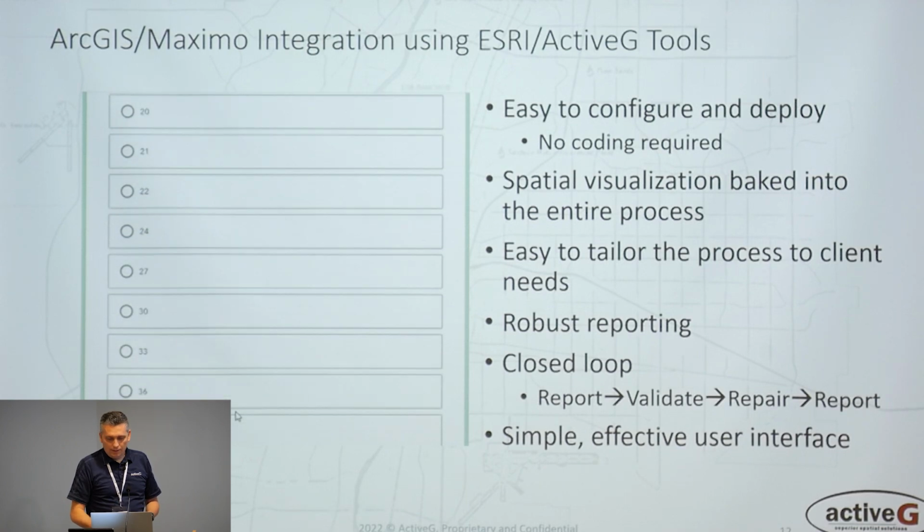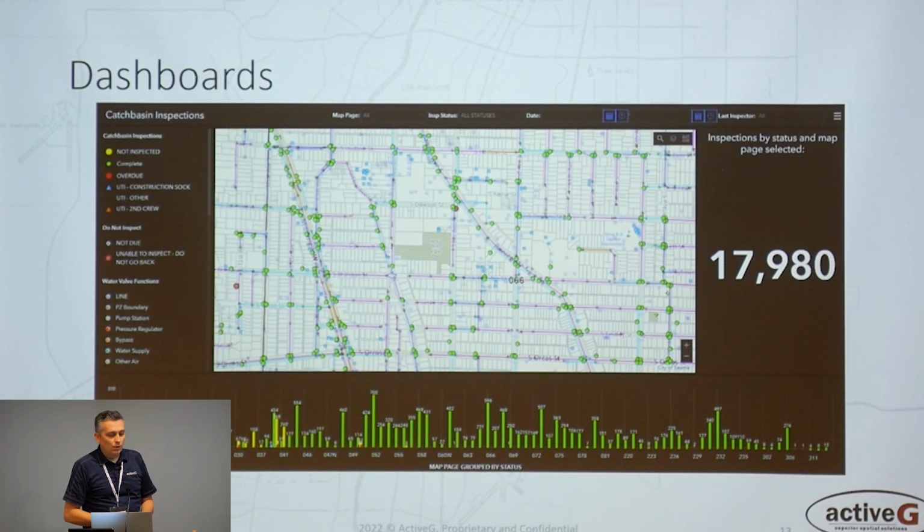So that's the next thing I have here. These are some dashboards we've created based on some of these inspections. This is specifically a catch basin. Like we said, we do a lot of water, wastewater work. So you can see some of these are showing up as overdue.